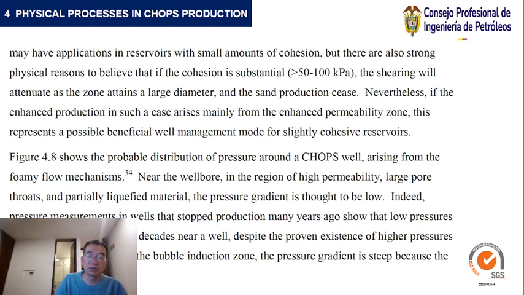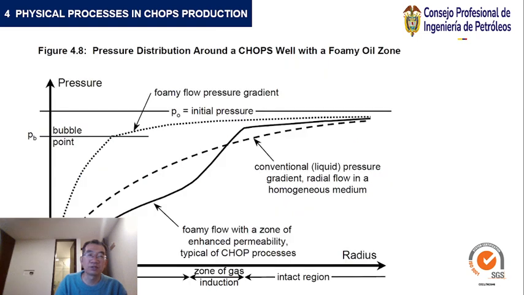In the bubble induction zone, the pressure gradient is steep. This figure shows the pressure distribution around the wormhole with the foamy oil zone.